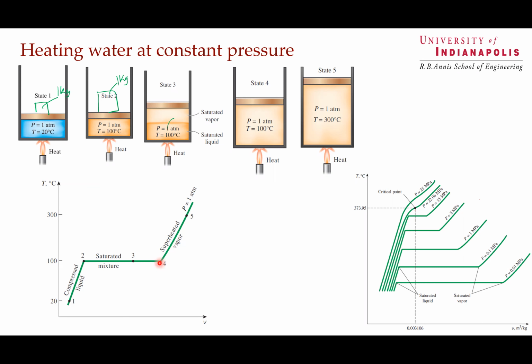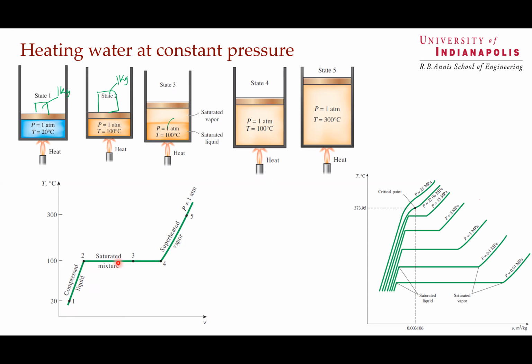After that, the temperature starts rising again, which is called superheated vapor. Along this green line, the pressure is always 1 atmosphere; the pressure is constant. State 5 is a superheated vapor. State 4 is a saturated vapor. State 3 is in the saturated liquid-vapor mixture region. And state 2 is a saturated liquid.